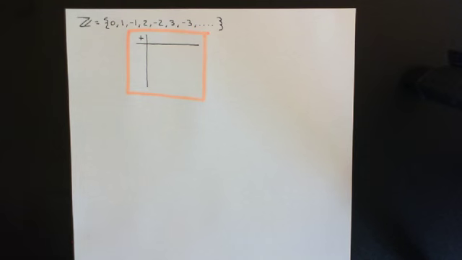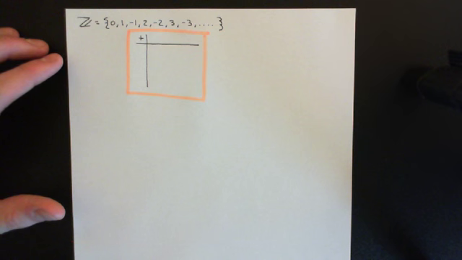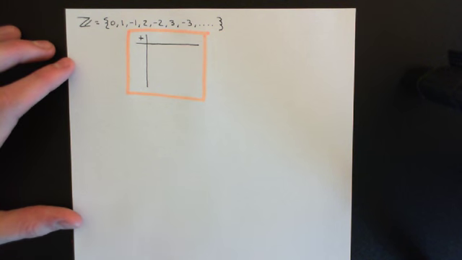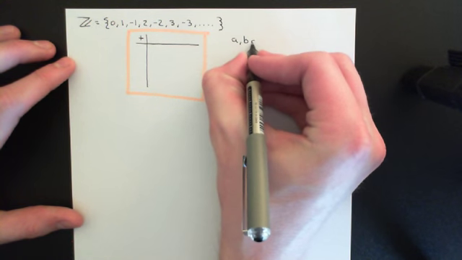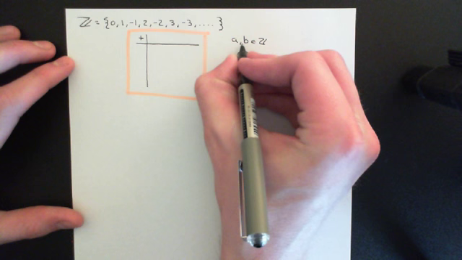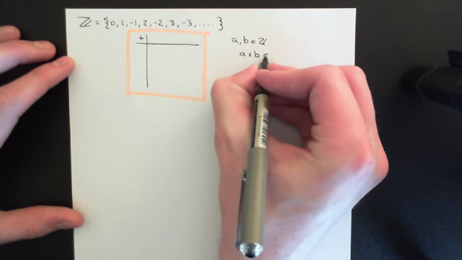Now let's talk through the fact that the composition law on this set of integers actually does obey the axioms of group theory. This composition law needs to be closed, which is to say that whenever we take two arbitrary integers a and b and add them together, we must get another integer.